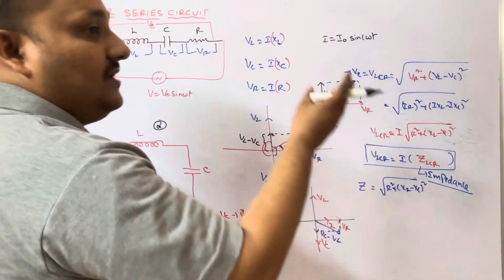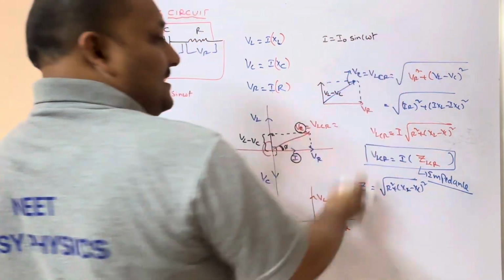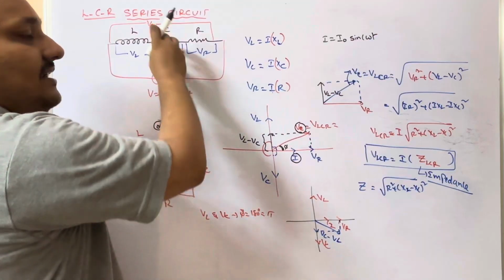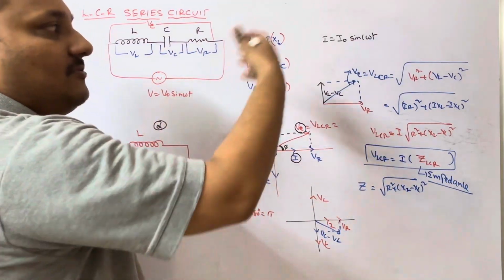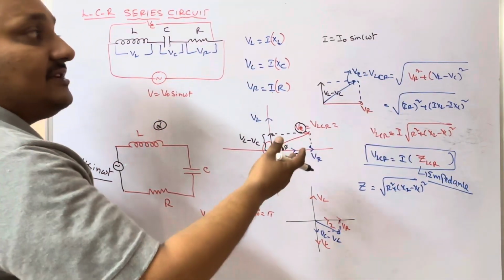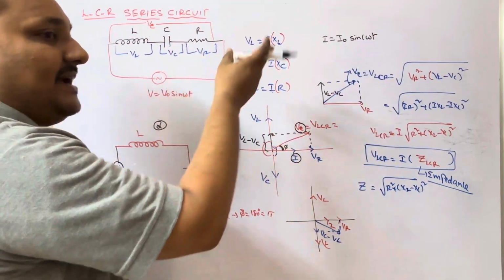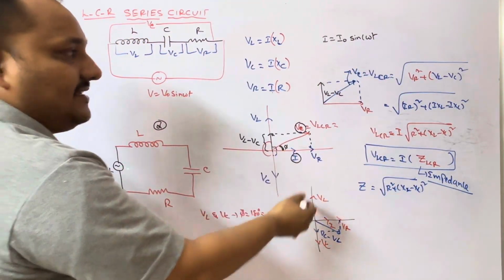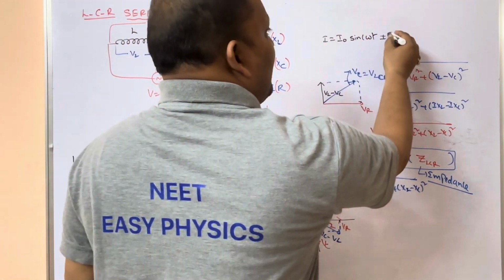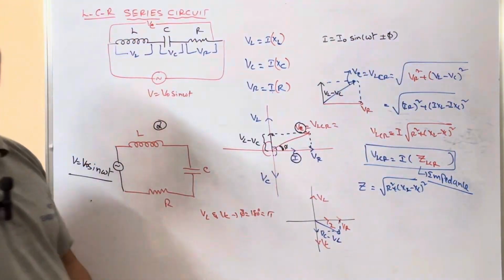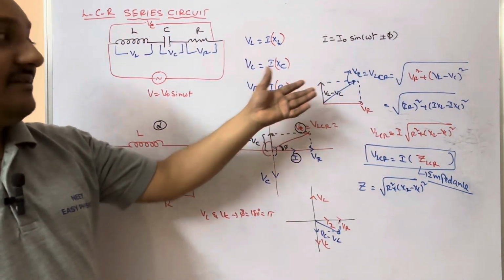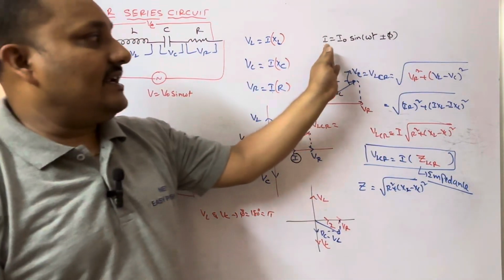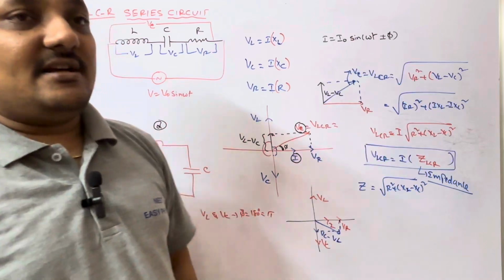In case of inductor we wrote minus pi by 2, because current lags by pi by 2 in an inductor. In case of capacitor we wrote plus pi by 2. In LR circuit we wrote minus, in CR circuit we wrote plus. Here we can't say which is leading, which is lagging, or which is dominating. If you don't know, presently we will write I naught sin omega t plus or minus phi.